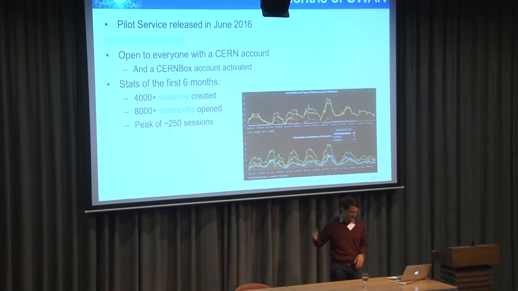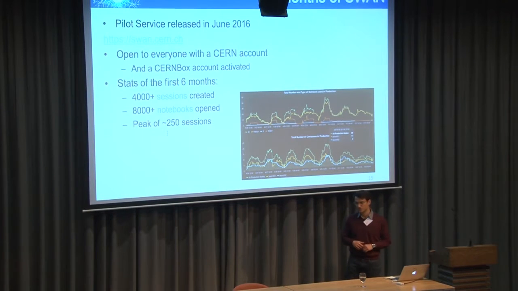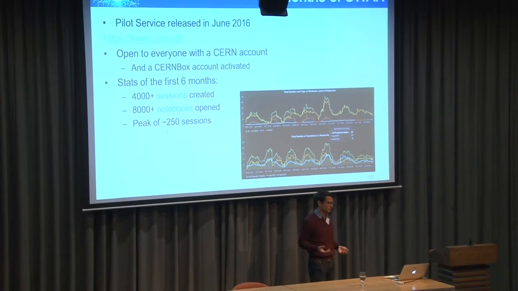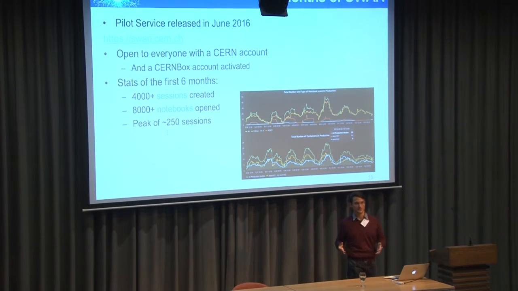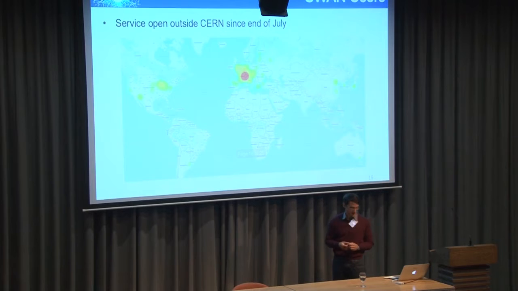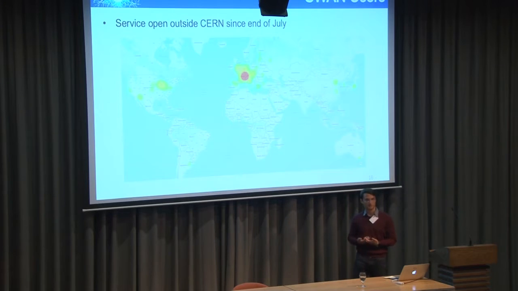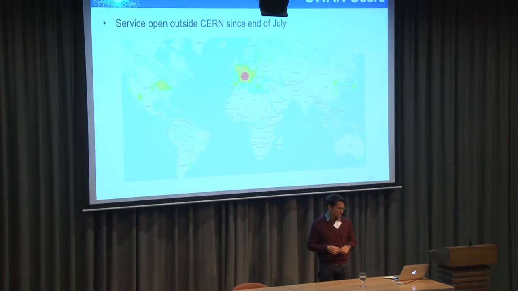Normally we have these peaks of more than 200 sessions opened when we use SWAN for tutorials and education, because you have all the students coming at the same time trying to create their sessions, and then the load goes up suddenly. The users come mainly from Europe, so CERN users located in France, Switzerland, and other parts of Europe.